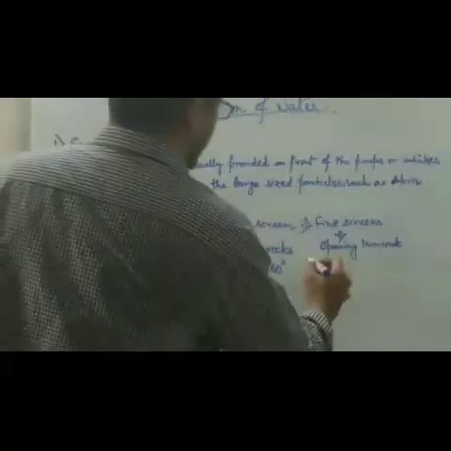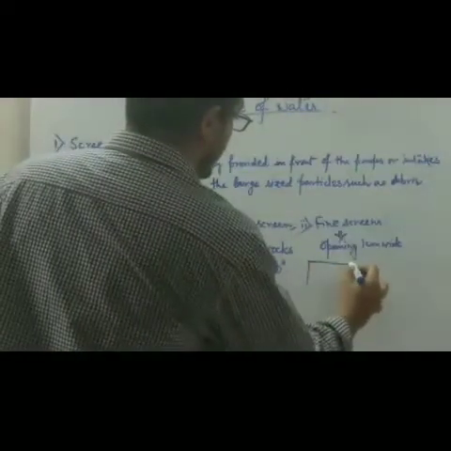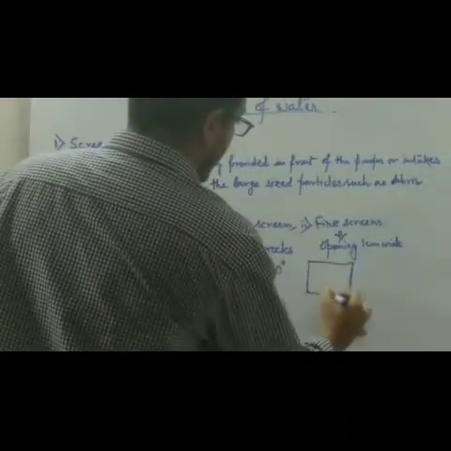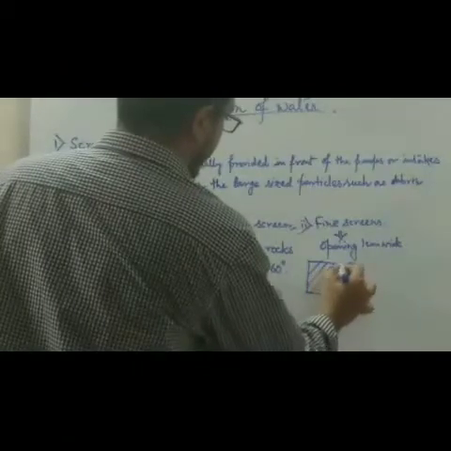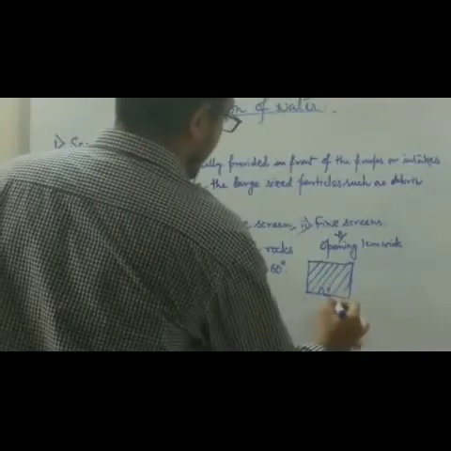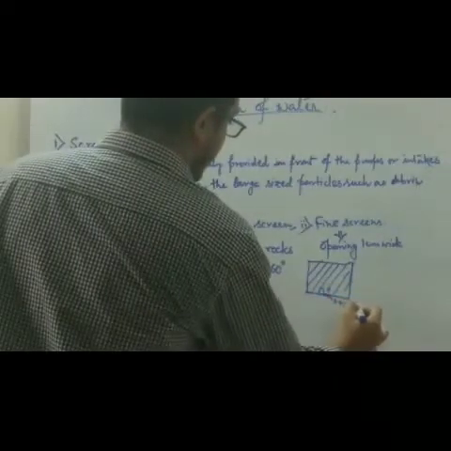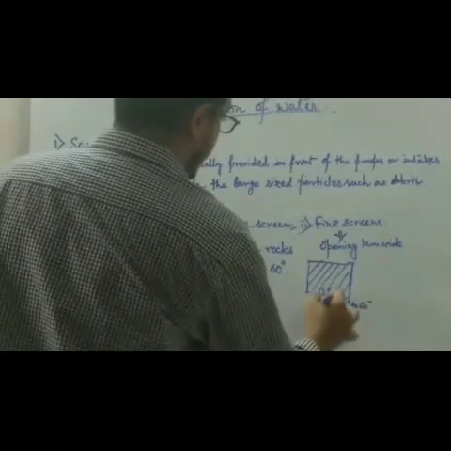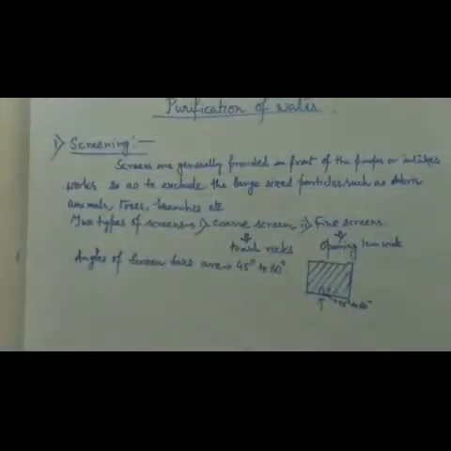So, if we draw a figure of a screen chamber, it may be like this. These are the screen bars at an angle of 45 to 60 degrees, and these are the floating materials which can be separated.